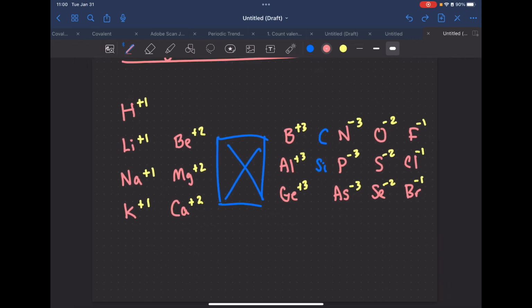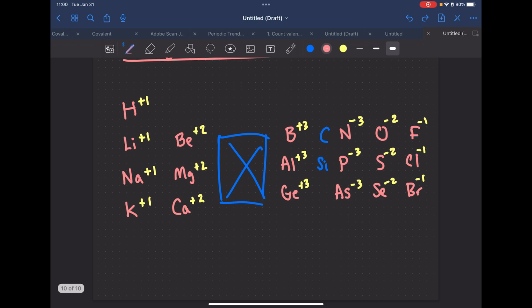Okay. Now, when we go to name our ionic compounds, the names of the compounds are going to look kind of similar to the names for covalent compounds in that it's made up of a first part and a second part.